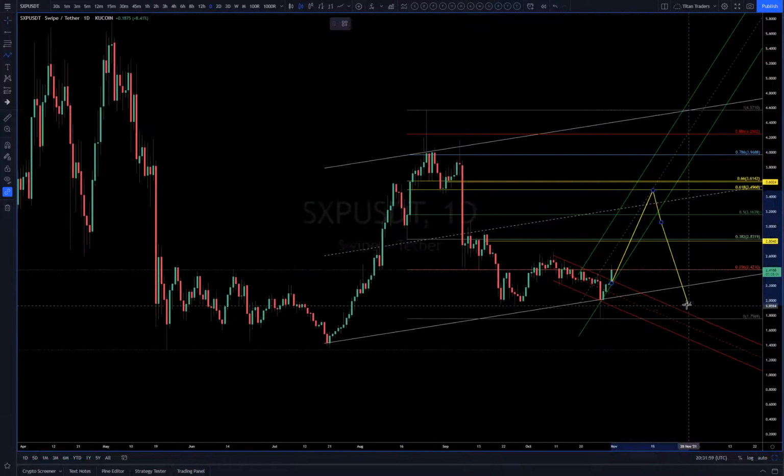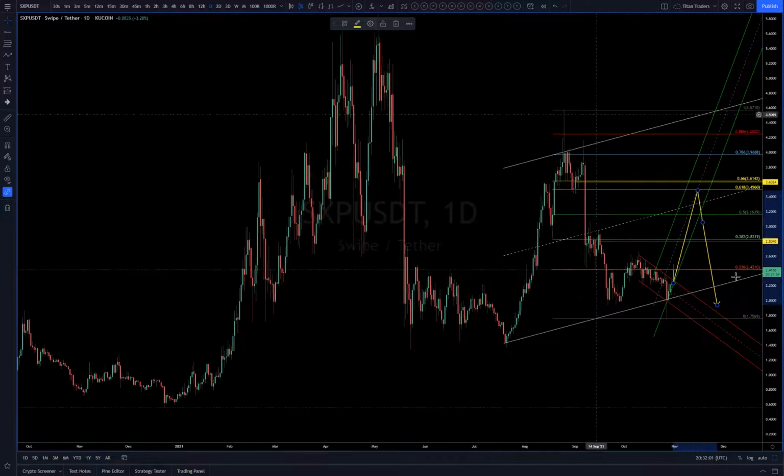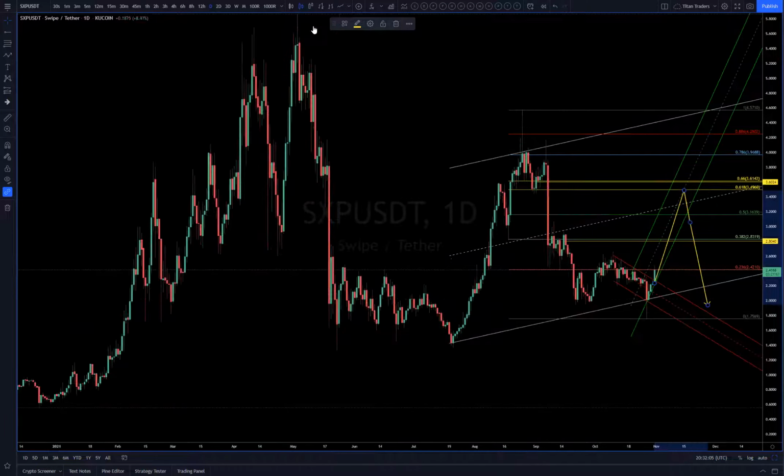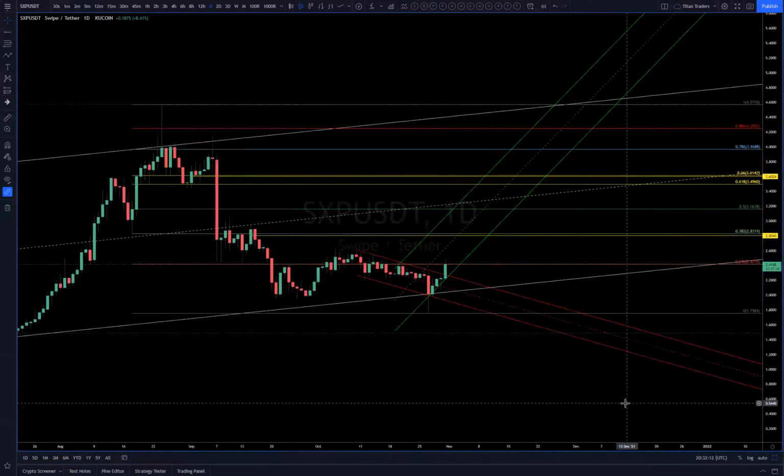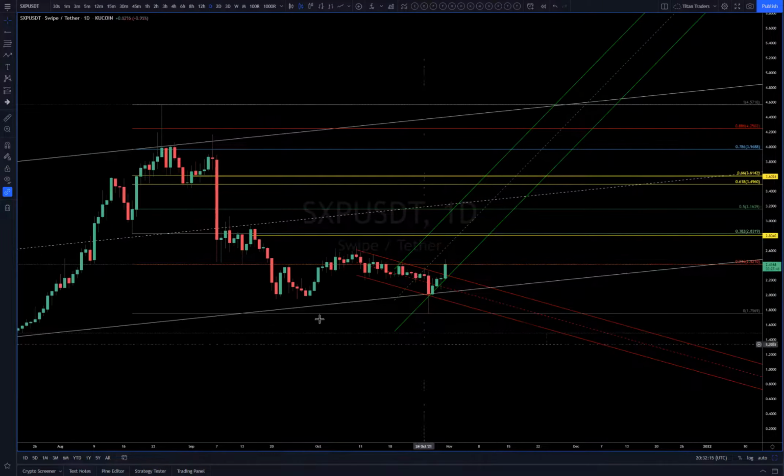And if it does reject, then on the bigger scale we make another lower high, right? But irrespective of that, whether you're trading spot or leverage, it's potential for making good profits. But again, just an idea and just an opinion.